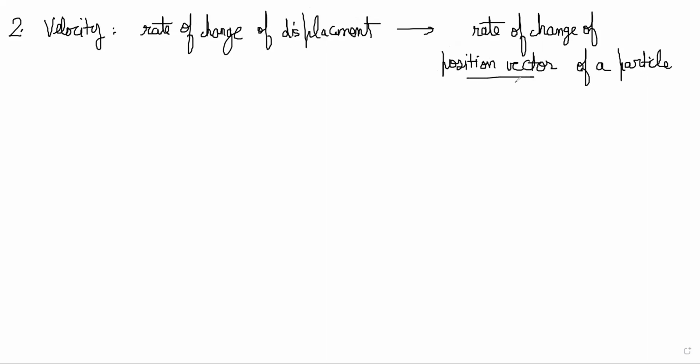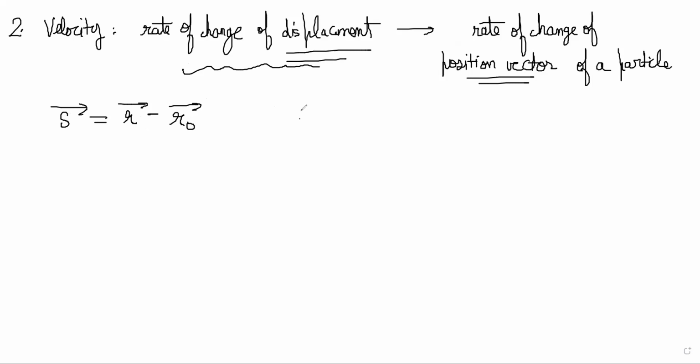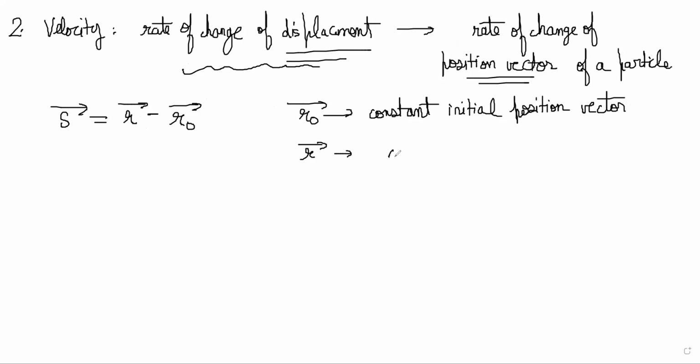Because the position vector of a particle is not the same as the displacement vector, right? So what do we mean by these two different definitions that I have given you just now? We have defined S as R minus R naught, where R naught is the constant initial position vector, and R is the current position vector.